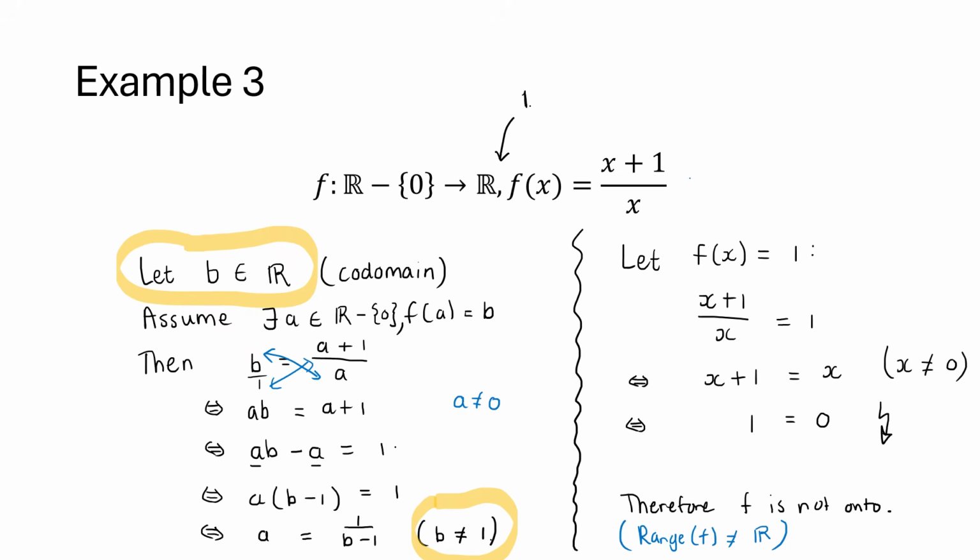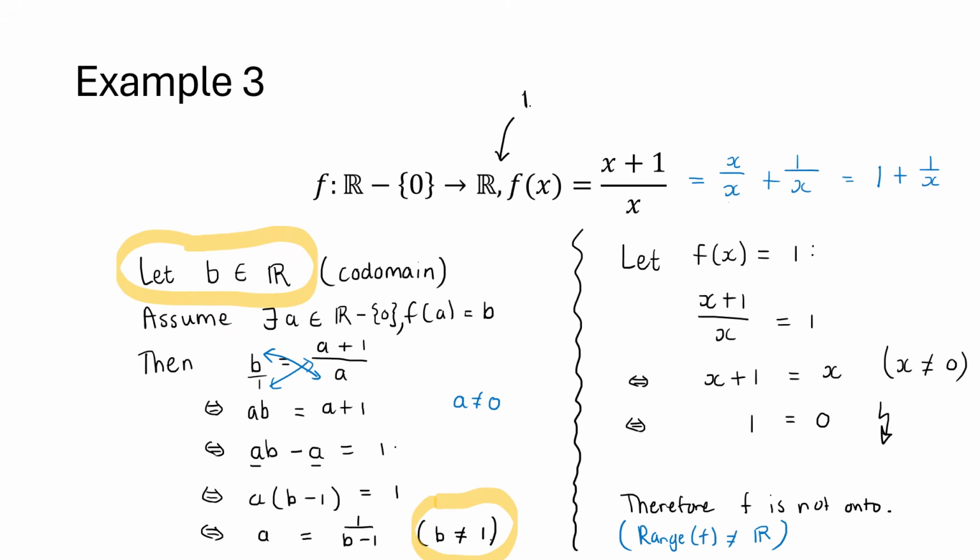Well, if we just break up the function, we get x plus 1 over x. If we take that fraction and split it into 2, and because x is not 0, we can cancel x over x, which gives us 1 plus 1 over x.